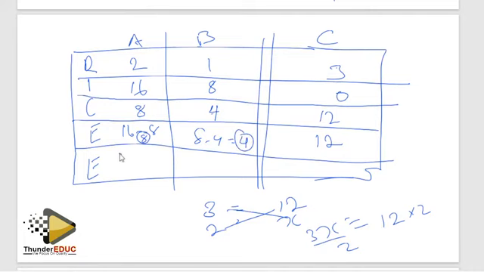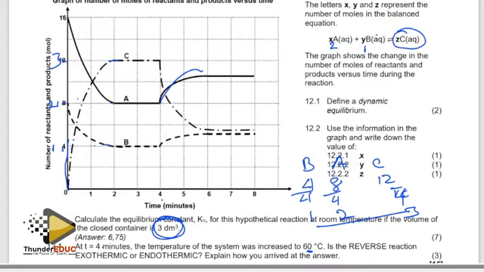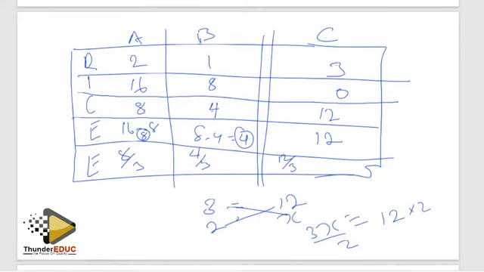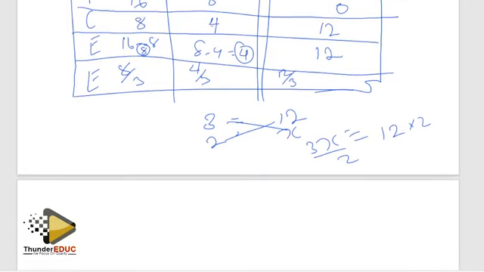Then after that, I have 8 divided by the volume. The volume which is 3, even here. 4 divided by 3, here is 12 divided by 3. So once I get there, I substitute the answer in the Kc expression, whereby I will say that Kc is equal to, and then I get the answer.